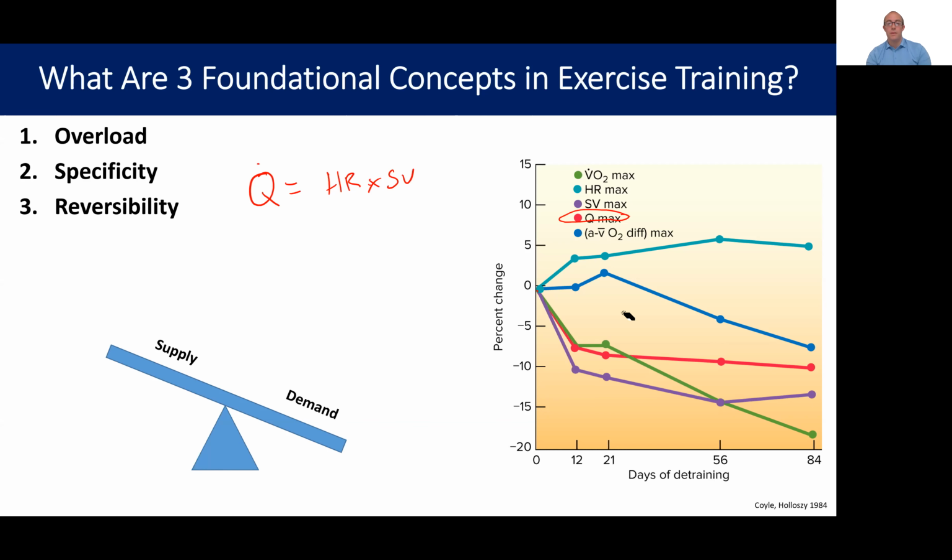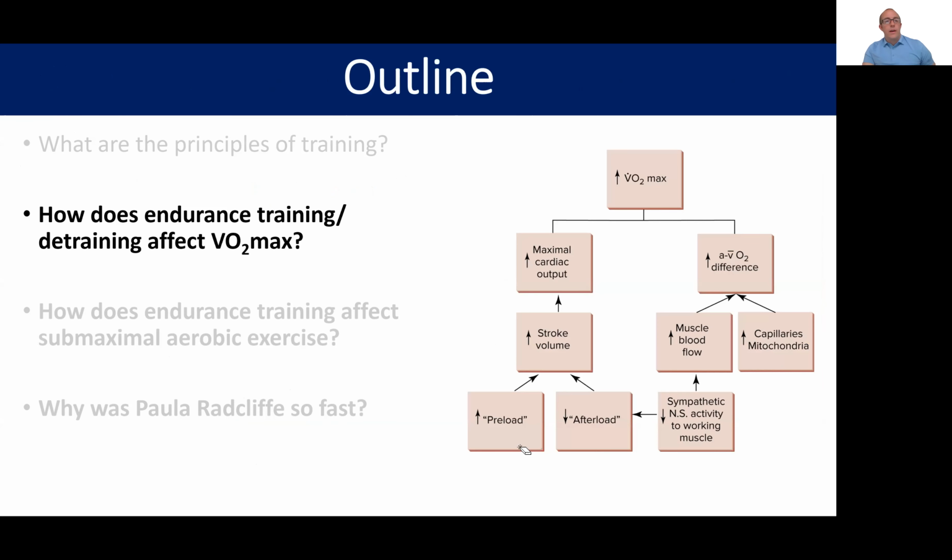This is also probably most of this quick part here where you see a decrease in cardiac output and stroke volume within 2 weeks. A lot of that's probably due to losses in blood volume. When you detrain, you lose blood volume. Your body retains less blood. And that means that you have less blood to pump around. All right. So things change rather quickly when you start to detrain.